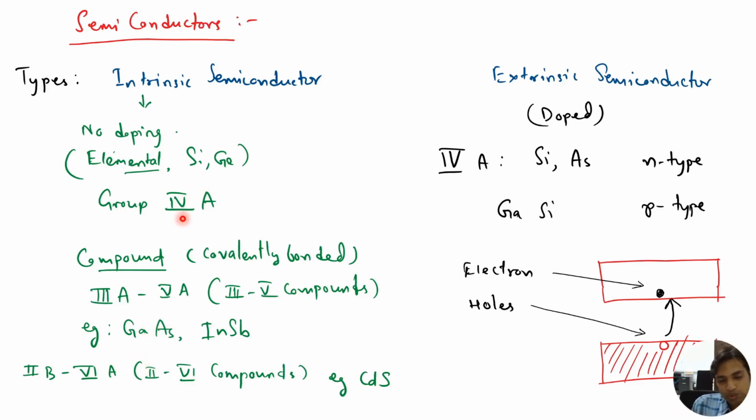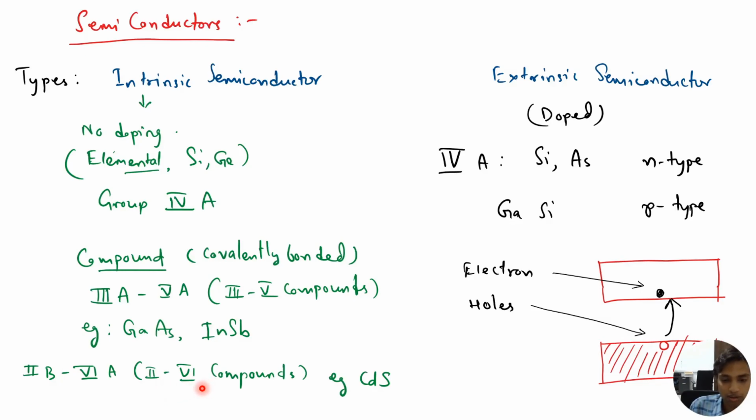And what we can keep in mind is that as you go from 3-5 to 2-6, the compound is a bit more ionic. All of them are covalently bonded, but this one has a bit more ionic component. Ionic means there would be a kind of charge separation.